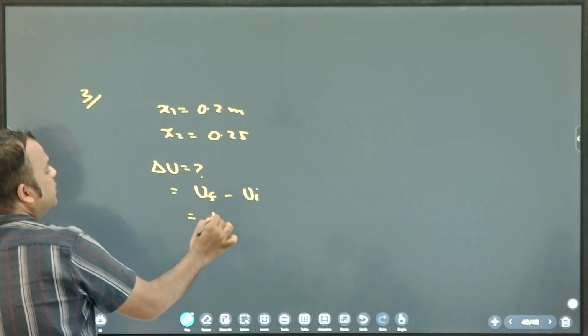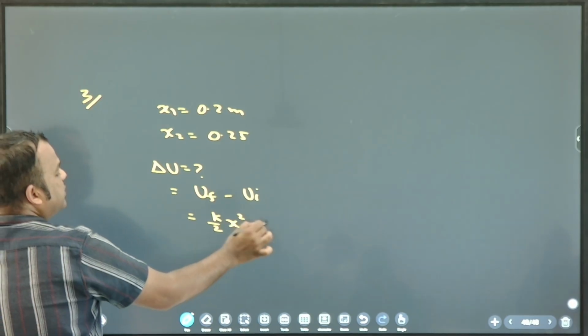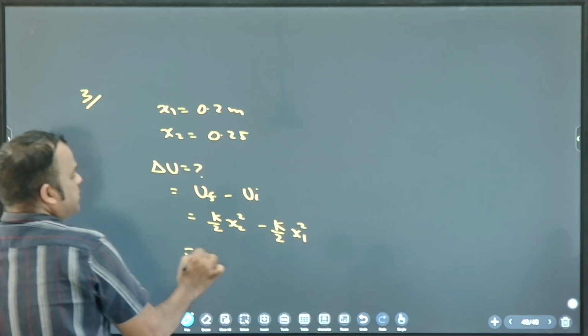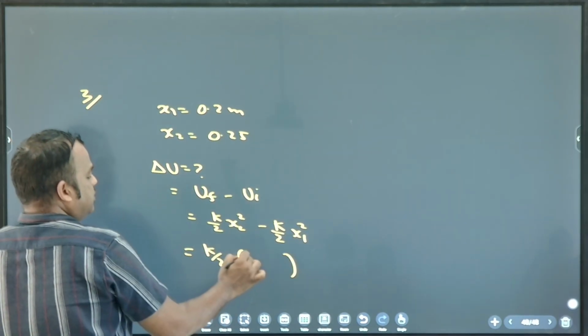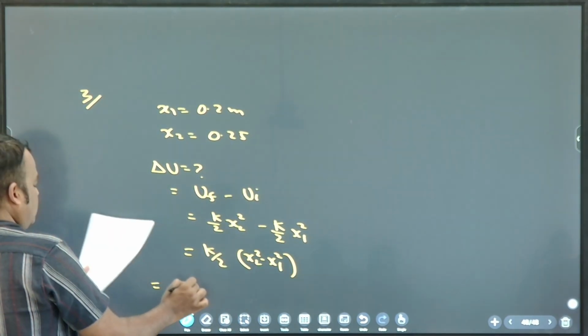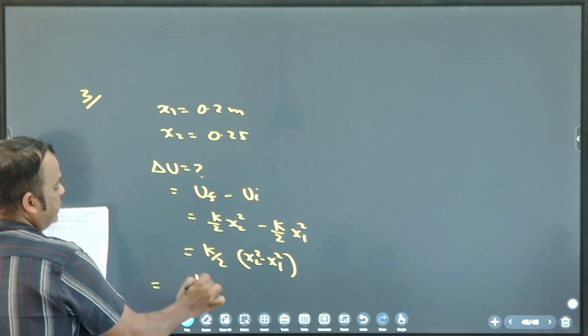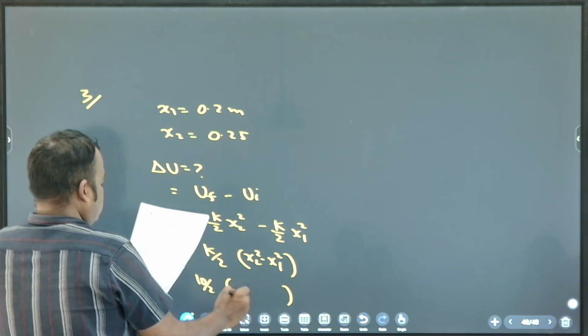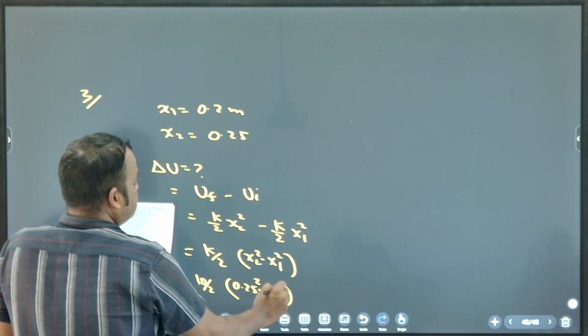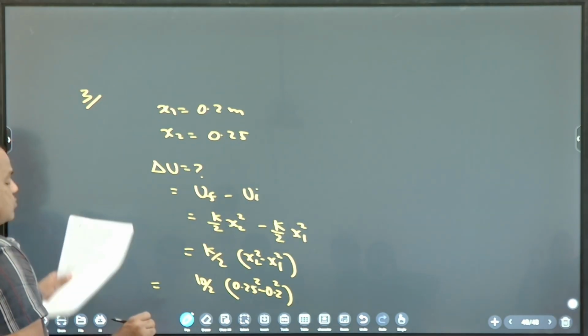U final is K by 2 x2 square, minus U initial, K by 2 x1 square. So K by 2 common, x2 square minus x1 square. K is 10, so 10 by 2 into 0.25 square minus 0.2 square.